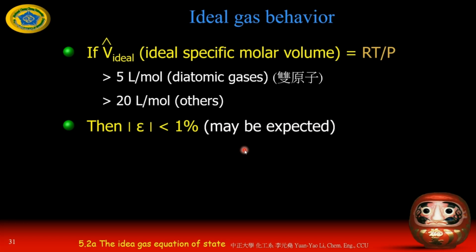We have some equations for non-ideal gas, and the calculation will be different, and then you can do the comparison, using the ideal gas equation of state and the non-ideal gas equation of state. So this is called ideal gas behavior.